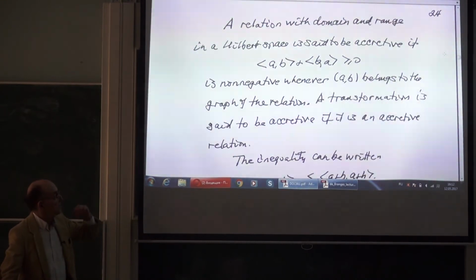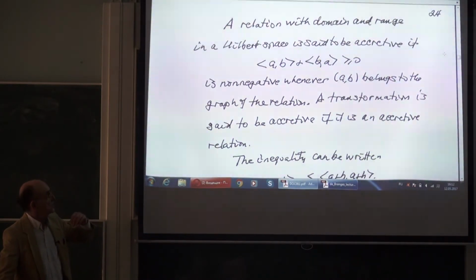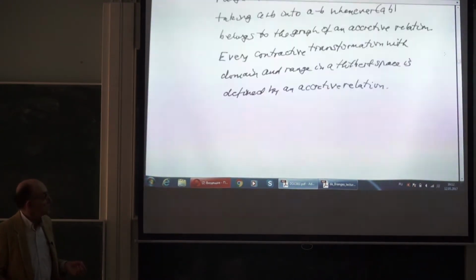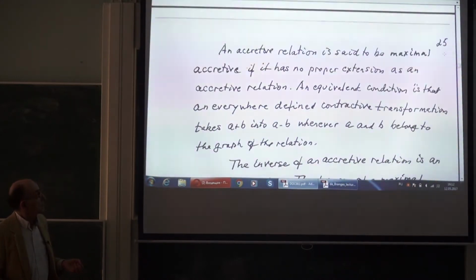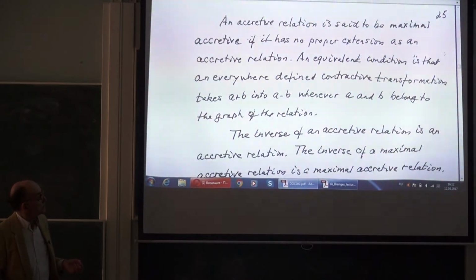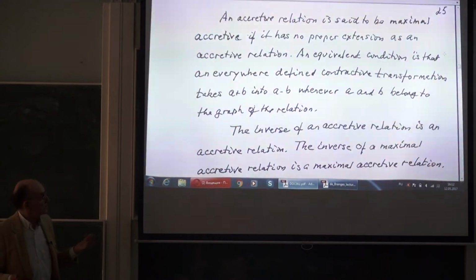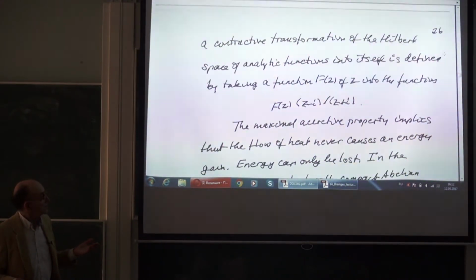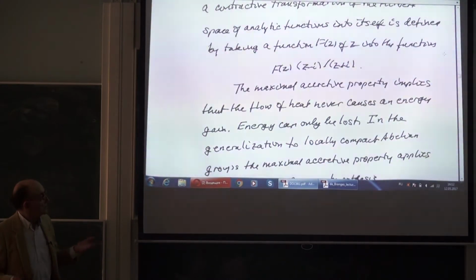That's the inequality that corresponds to the loss of energy in the flow of heat. And I'm not going to go into that again. It's technical. Let's keep on going. I think these are all technical things.